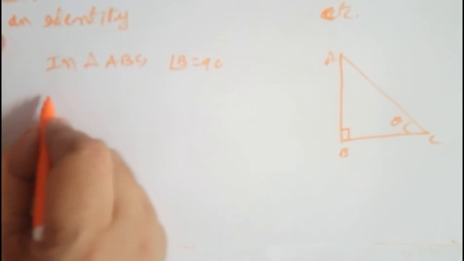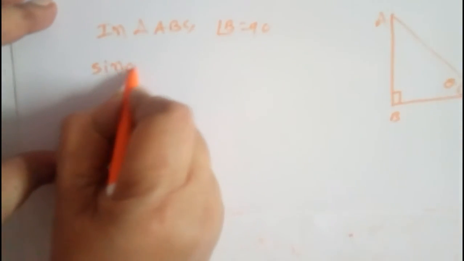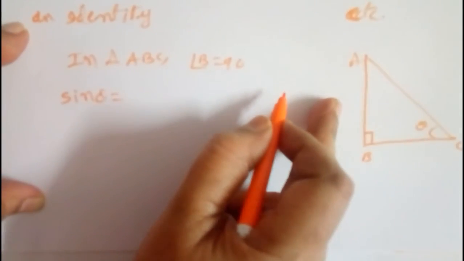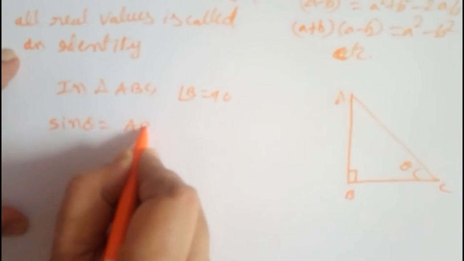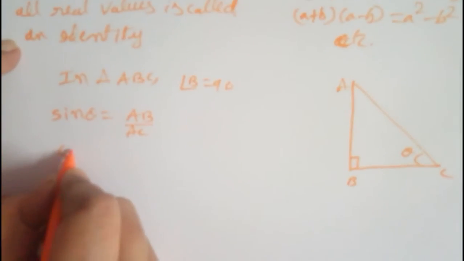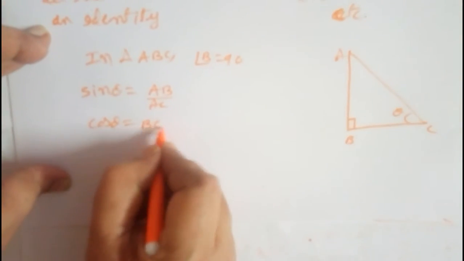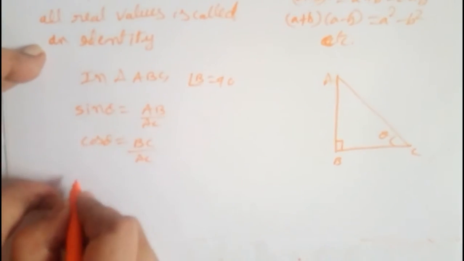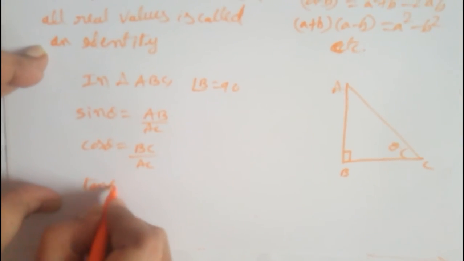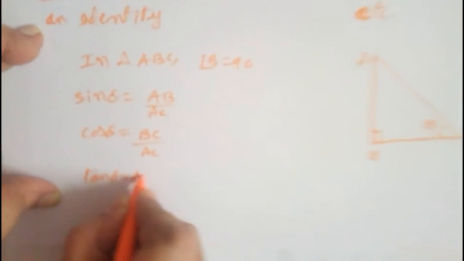Now what is the sin theta? Sin theta is equal to AB by AC. Cos theta, BC by AC. Tan theta, AB by BC.